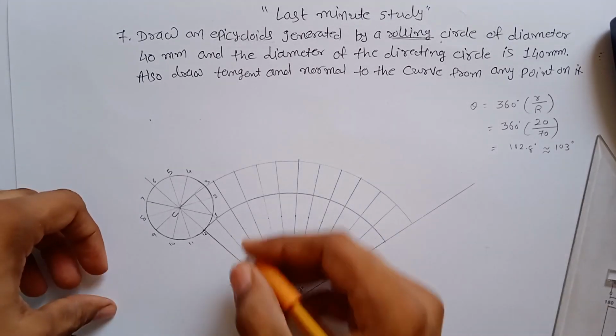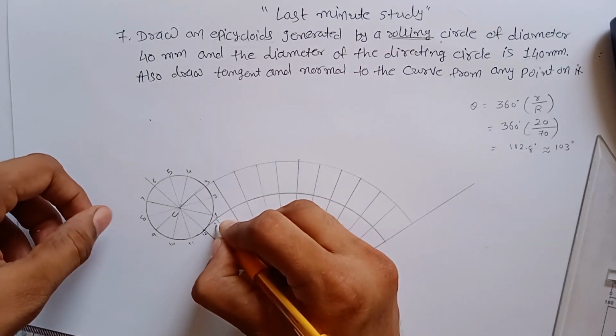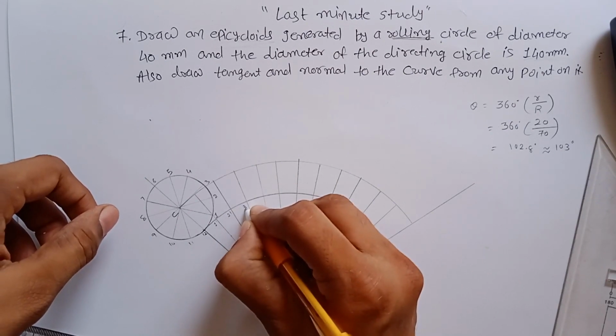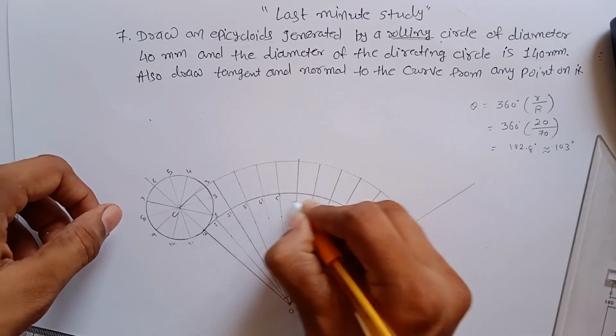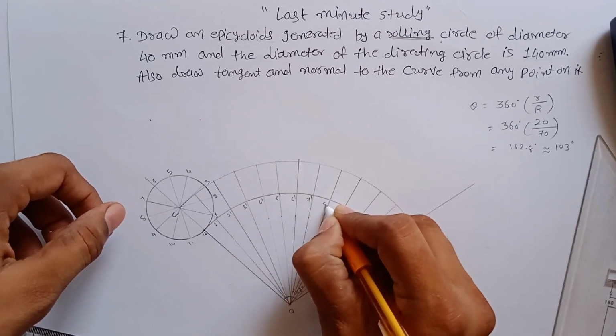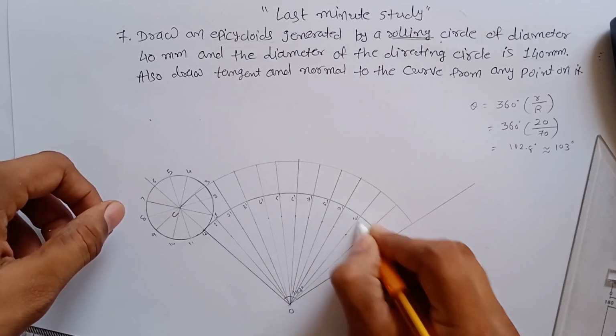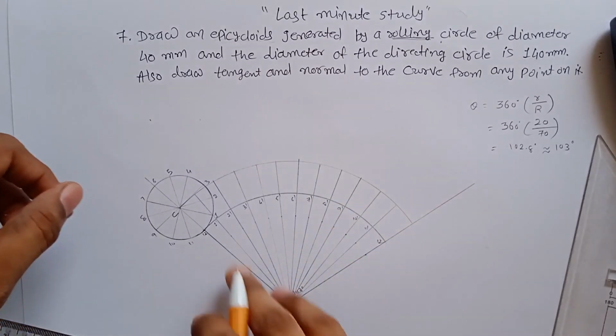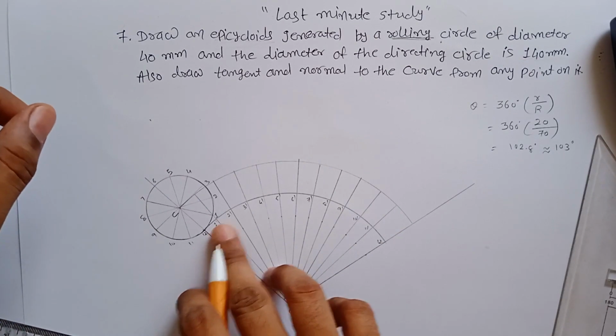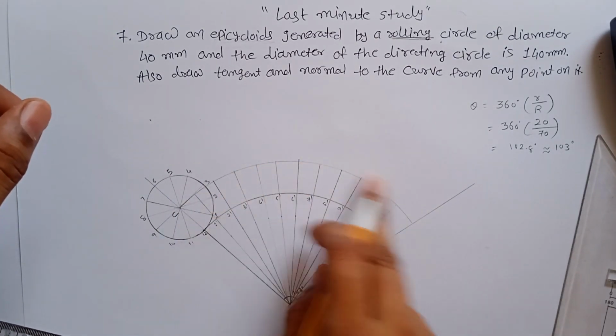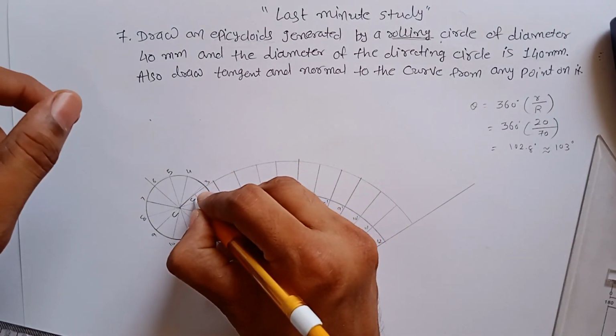Complete these lines. So now this point is 1 dash, 2 dash, and on this center line, you write C1 over here.